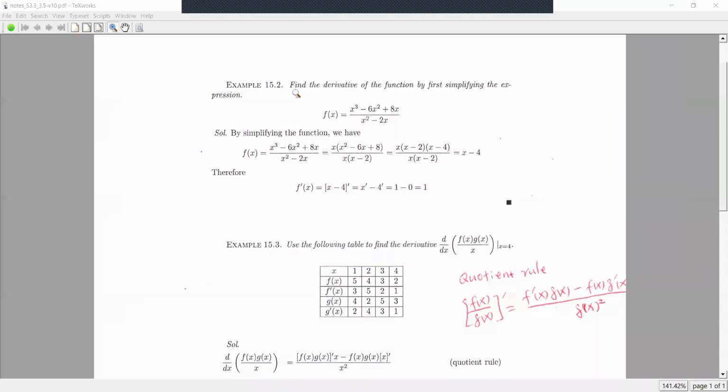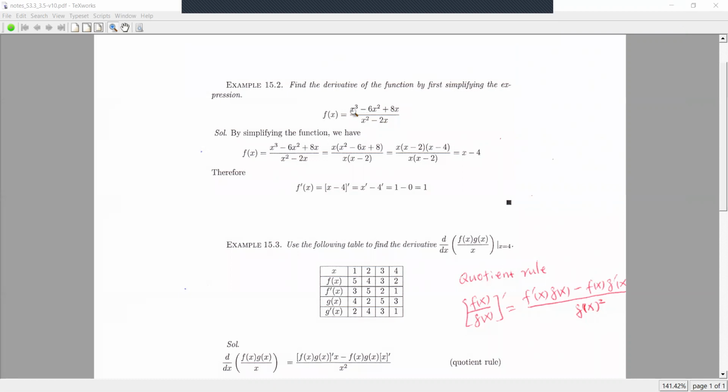Example 2, find the derivative of the function by first simplifying the expression. The function is a quotient, so we can apply the quotient rule to compute its derivative. But according to this example, we need to simplify the function first before we compute the derivative.